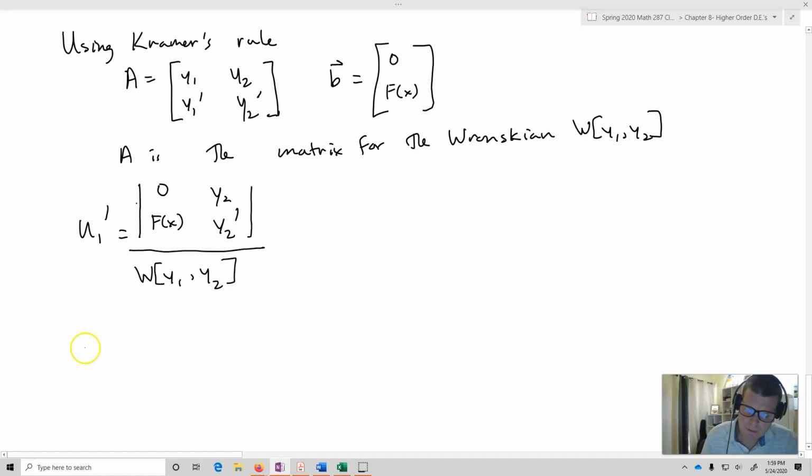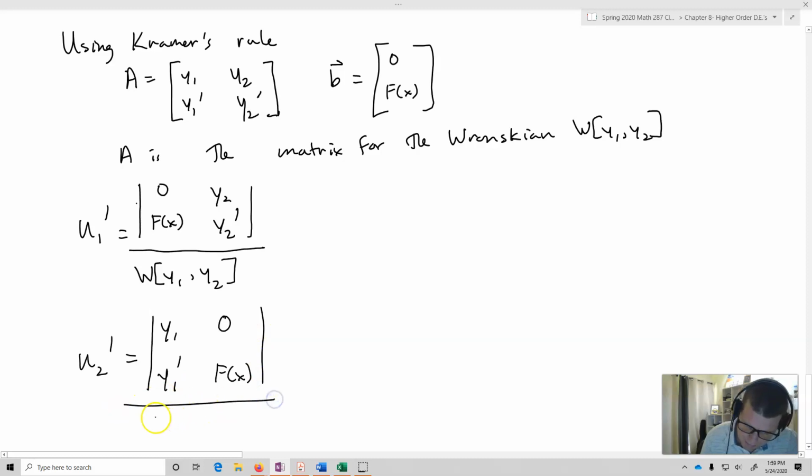Then u2 prime is going to equal the determinant of the matrix with y1, y1 prime as the first column, and 0, f of x as the second column, divided through by the Wronskian of y1 and y2. And that's going to give me u1 prime and u2 prime. Then it's just a matter of multiplying.